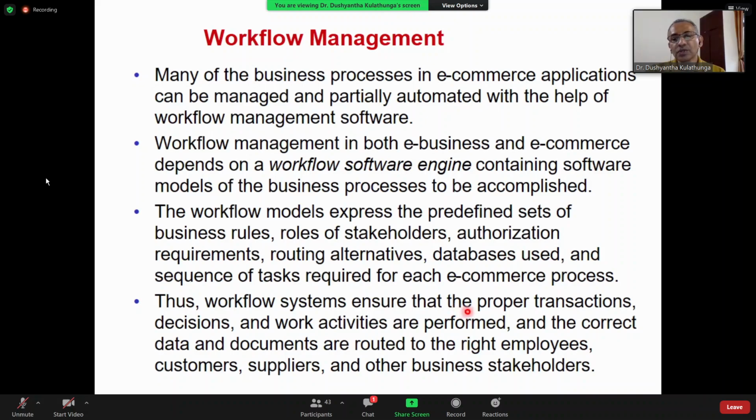Thus, workflow systems ensure that the proper transactions, decisions, and work activities are performed, and the correct data and documents are routed to the right employees, customers, suppliers, and other business stakeholders. When we connect these different tasks in the correct sequence, we end up with the correct business process, which we can use to perform our transactions in a more efficient and effective manner.